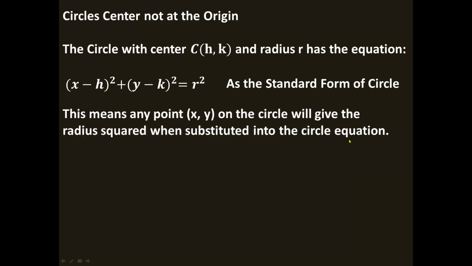This means any point x and y on the circle will give the radius squared when substituted into the circle equation. At ito ngayon ang graph ng ating circle, center not at the origin. First, we have to draw the y-axis followed by the x-axis. And then we're going to plot the center of our circle, center (h, k).